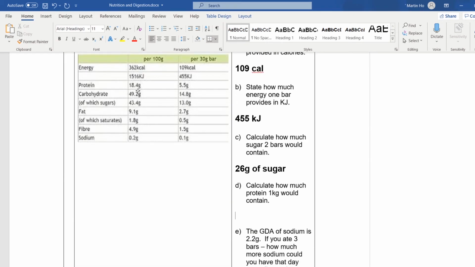So we find proteins at per 100 grams is 18.4. We multiply 100 grams by 10 to make it equal 1 kilogram. And so we also multiply protein content by 10. We have 184 grams of proteins.